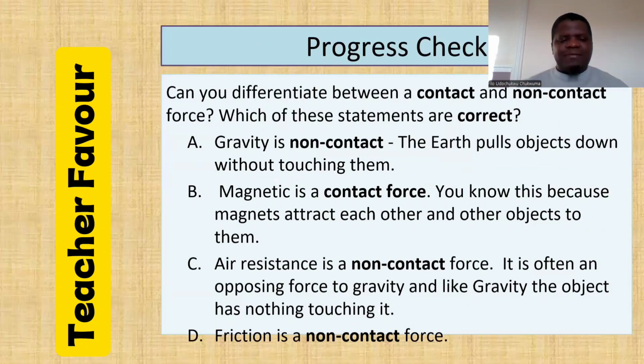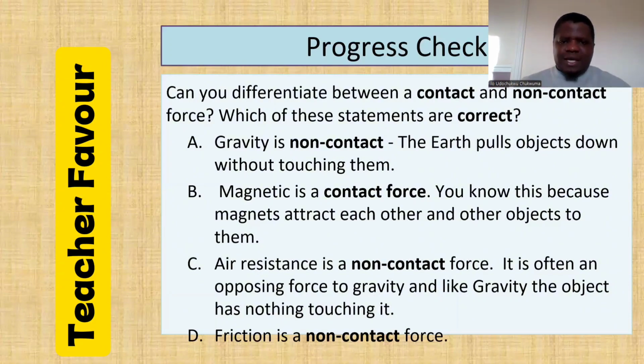When we talk about contact force, we're talking about push, pull, tension, frictional force, air resistance. But when we talk about non-contact force, we're talking about magnetic force, electric force, gravitational force.